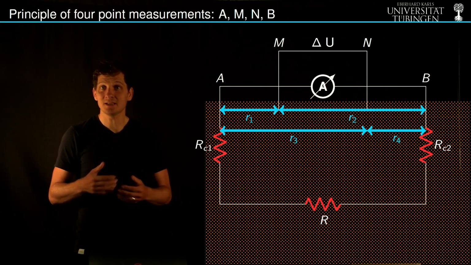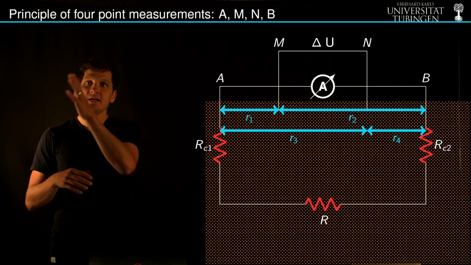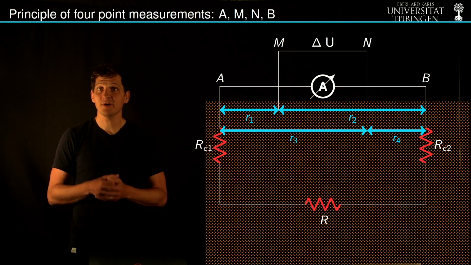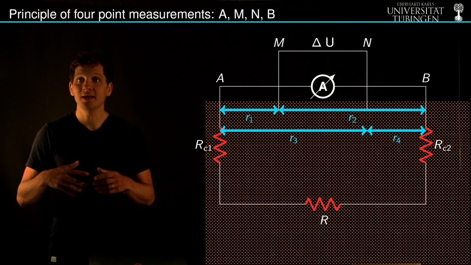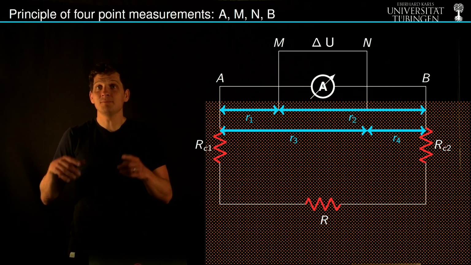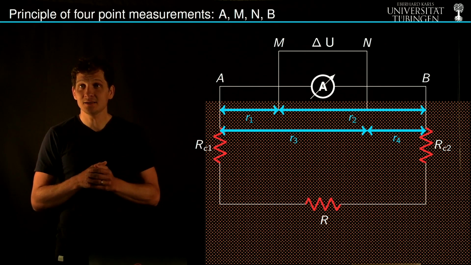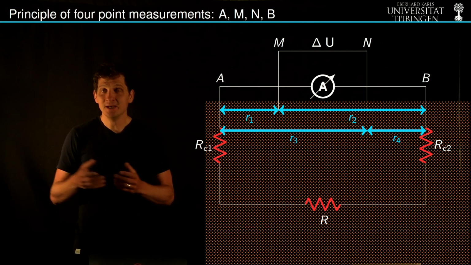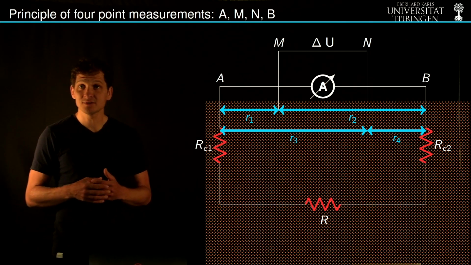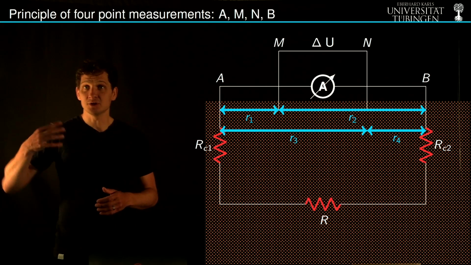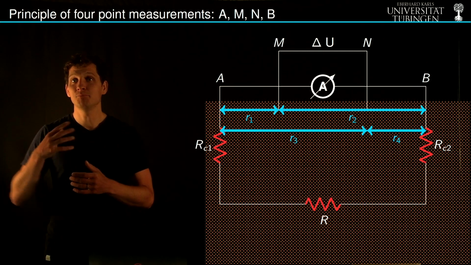We inject a direct current at the electrodes A and B. This will induce a current flow in the subsurface, which we quantified to a certain degree in the previous video, and it will go along with an electrical potential, and we measure the potential drop at the surface with 2 dedicated electrodes located at M and N. And the reason why we do that is that we would like to avoid the effect of the contact resistance RC1 and RC2, which are very relevant at the current electrodes, but much less relevant at the potential electrodes.